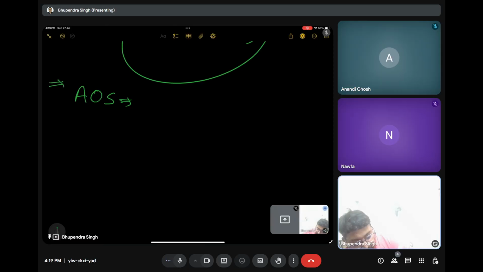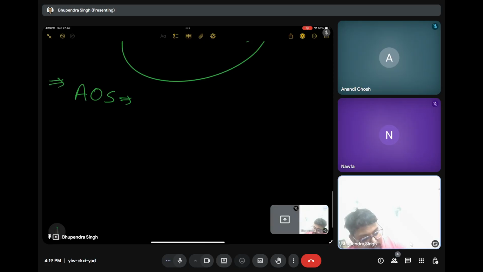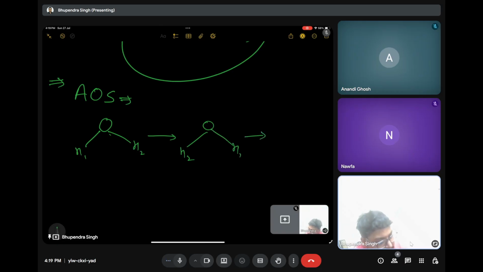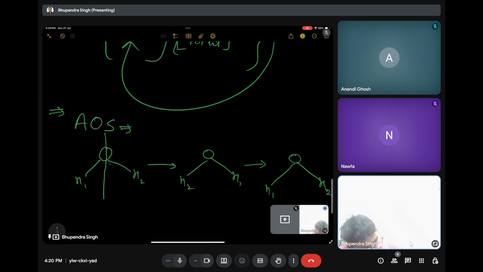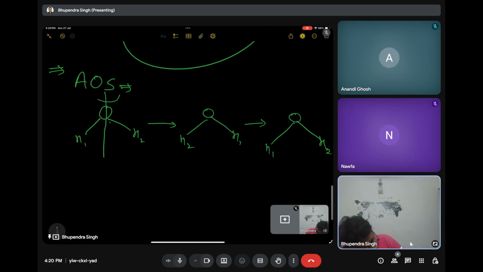These are the elements. AOS, the axis of symmetry. The same example I am again taking: H2O, with H, H, and O. This is the axis over which you are rotating this molecule.